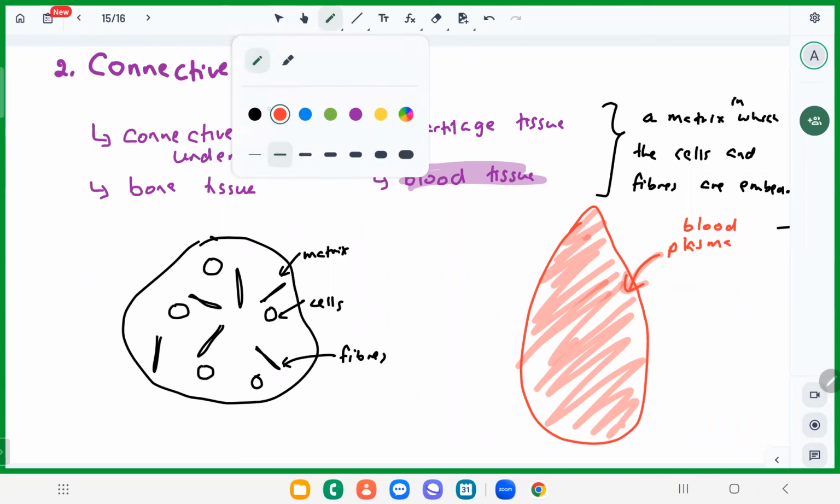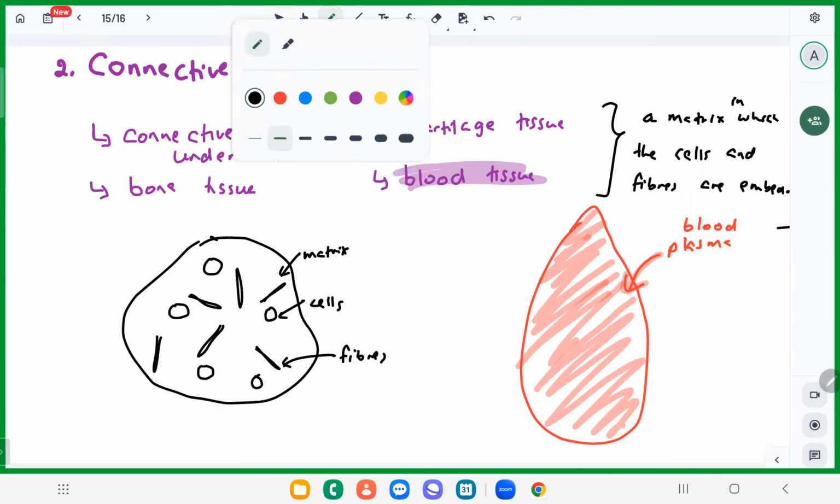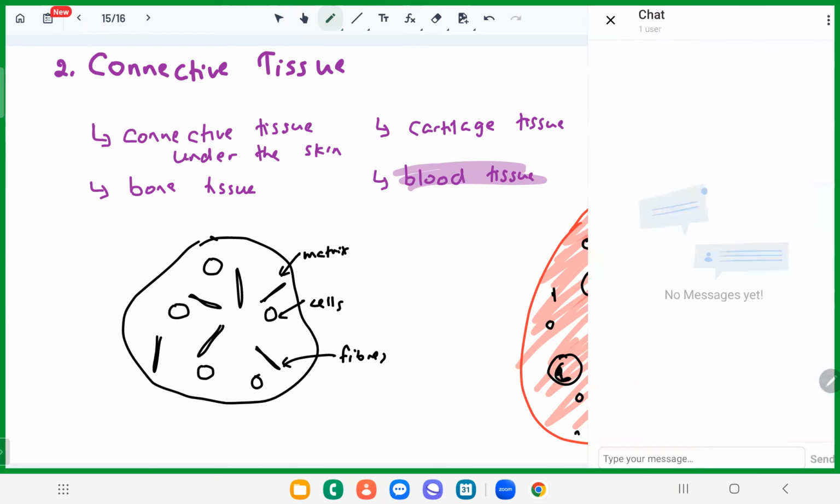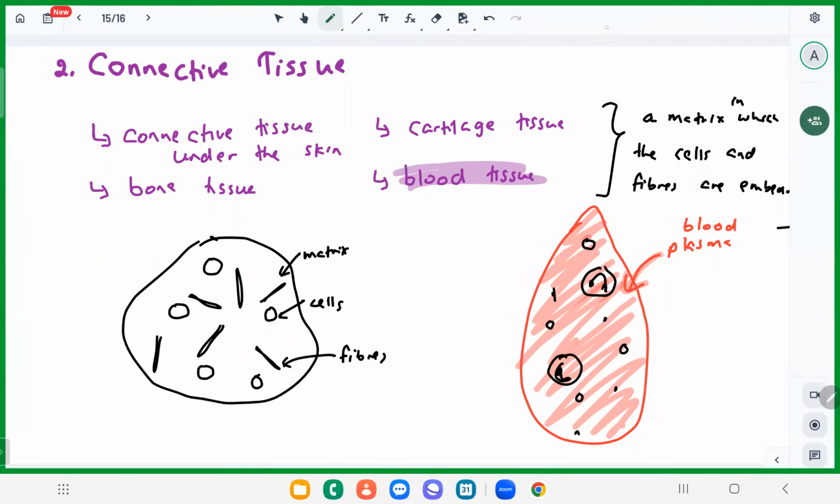And inside this blood plasma, we find different types of cells. We find tiny little red blood cells and larger white blood cells, right? We find red blood cells and white blood cells and also platelets, tiny fragments of cells called platelets. And also, during certain instances, such as blood clotting, we'll find different types of fibers found in the blood as well.